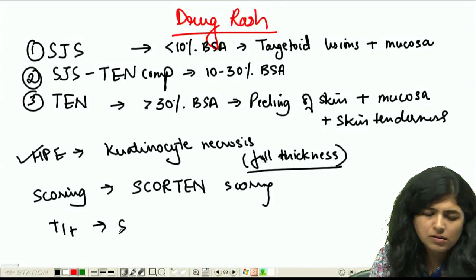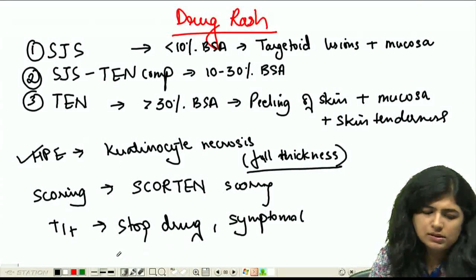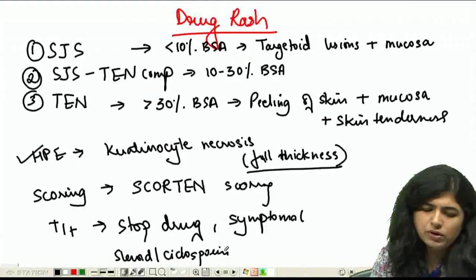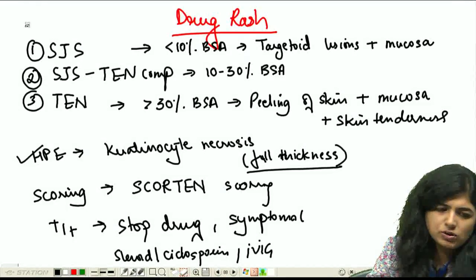Treatment: stop the drug. Symptomatic management, there is some role of steroids, cyclosporin or IVIG, right?